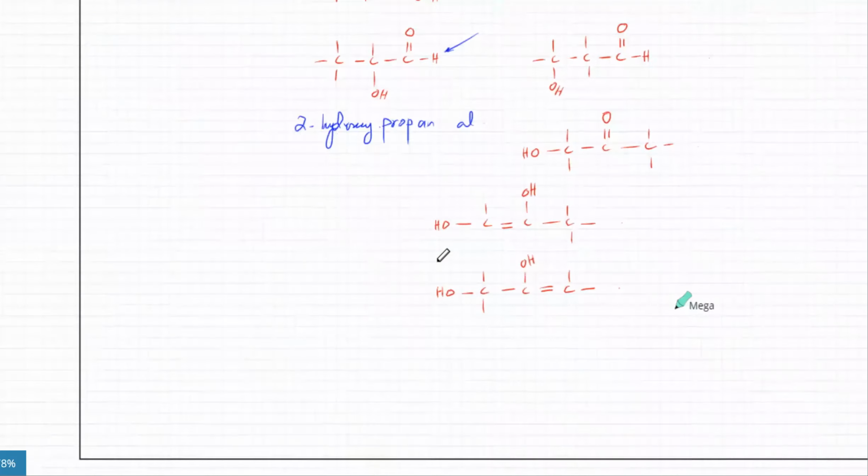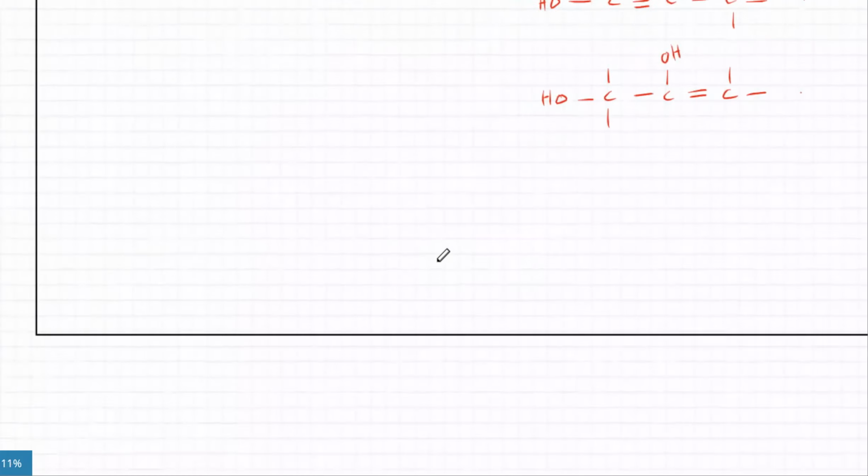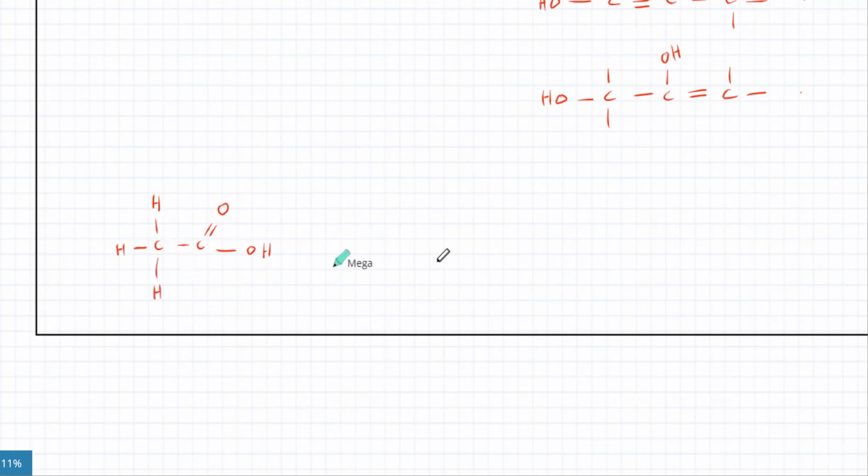So try drawing. That's your task for now. Try drawing isomers for ethanoic acid, and see if you can draw 6 isomers for this. I'm going to send this as an assignment. This is slightly more challenging because it's got fewer atoms, so you would have to really think about this one.